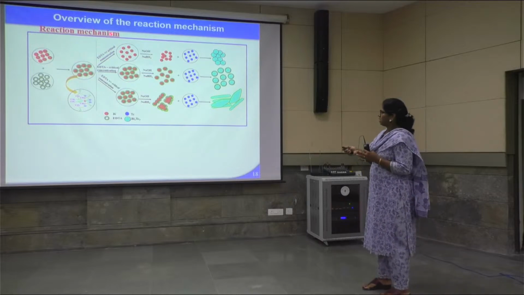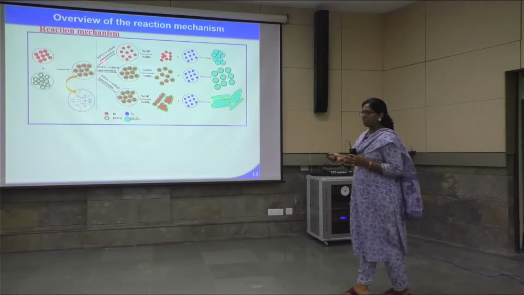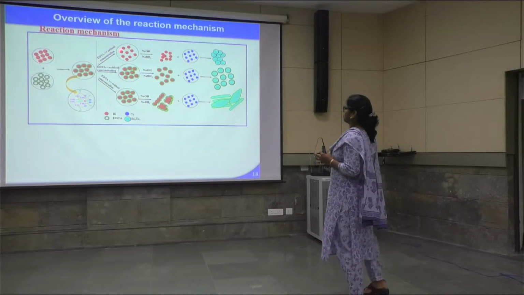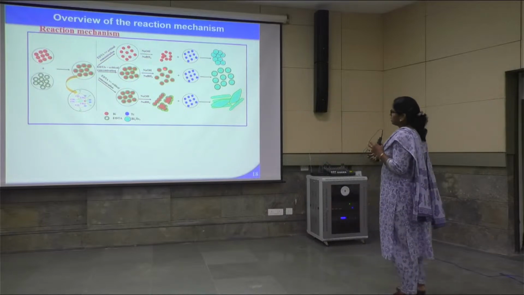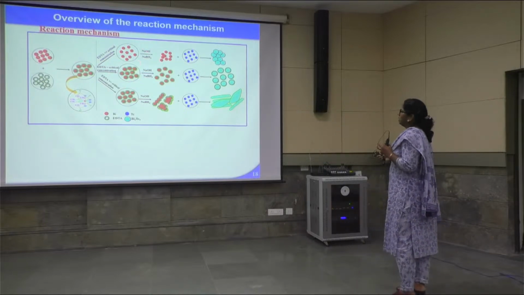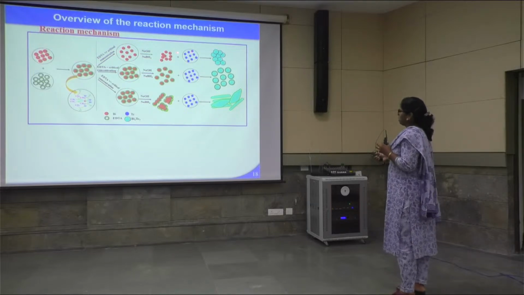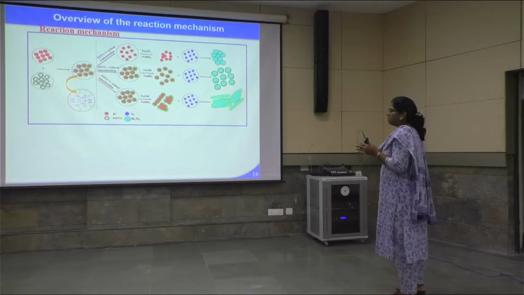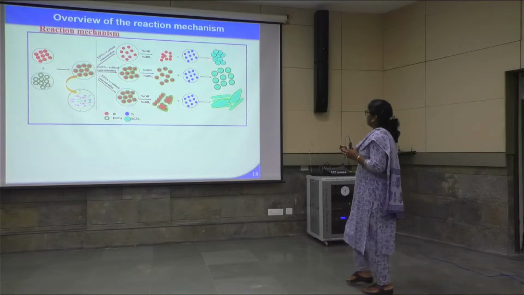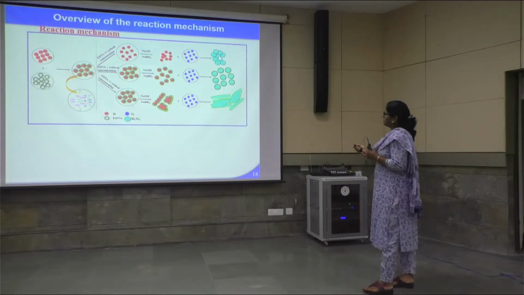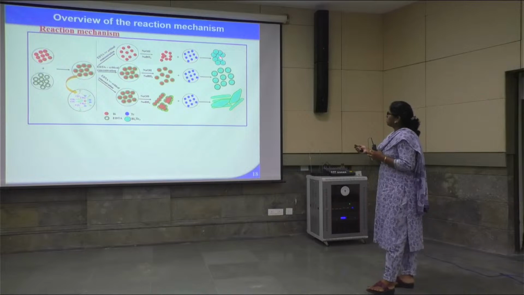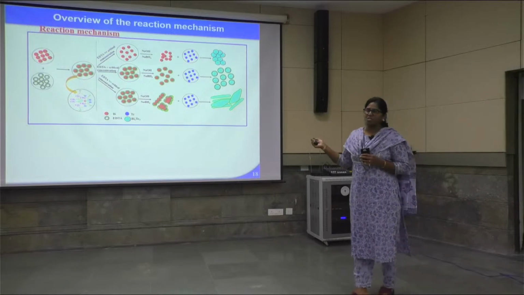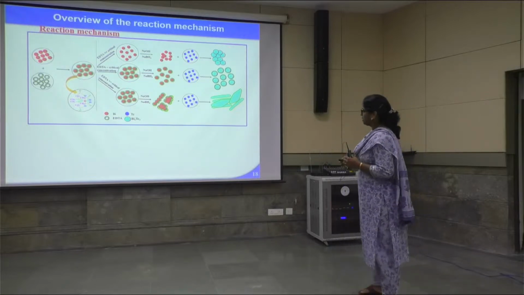This is the case I'm talking about when we use 50 millimolar, the lower concentration of the surfactant. When we use the sodium borohydride, the bismuth particles and the tellurium powder are getting mixed in such a way that a thin layer is formed, and that's how the morphology is obtained like this.